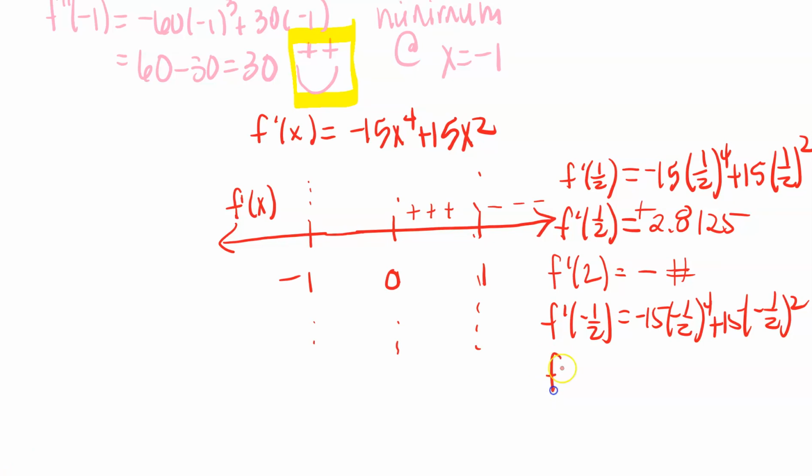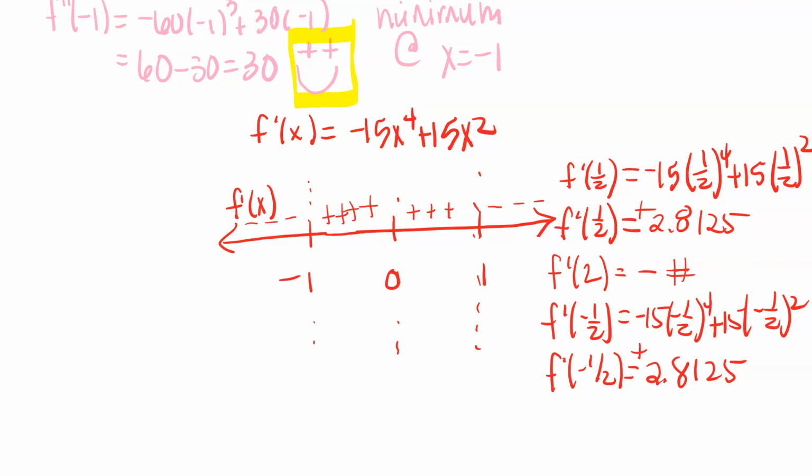And that gives me f prime of negative 1/2 to be 2.8125. Again, it's positive. And so we can see why that second derivative test wasn't working out for us, because we already know negative 1 is a minimum.